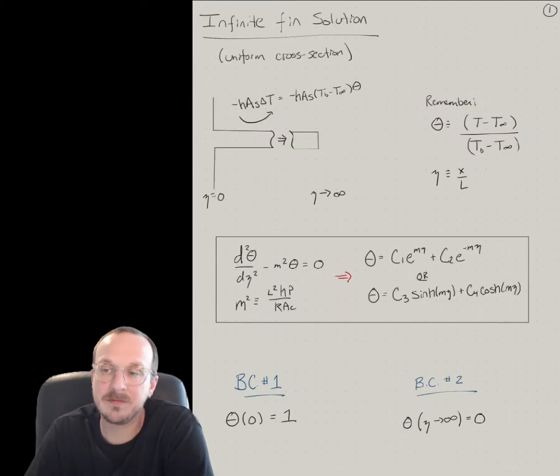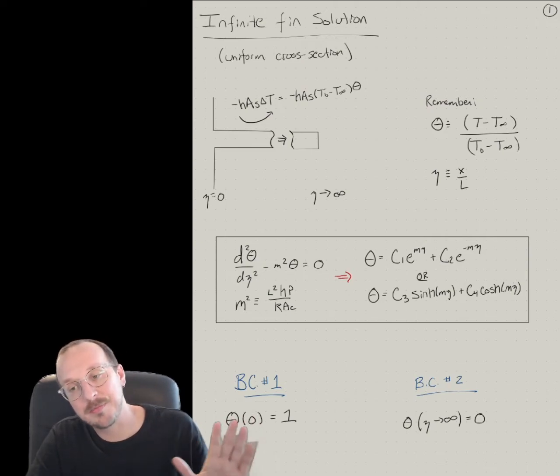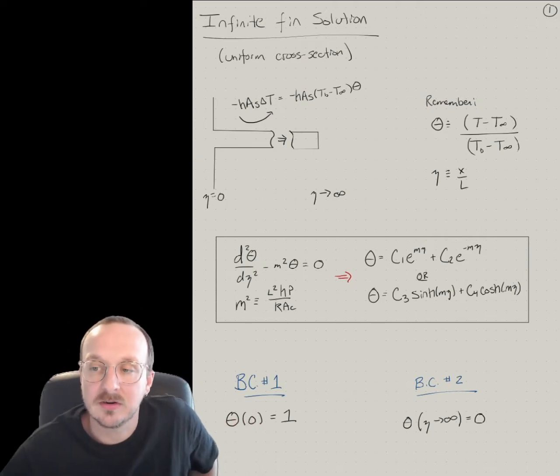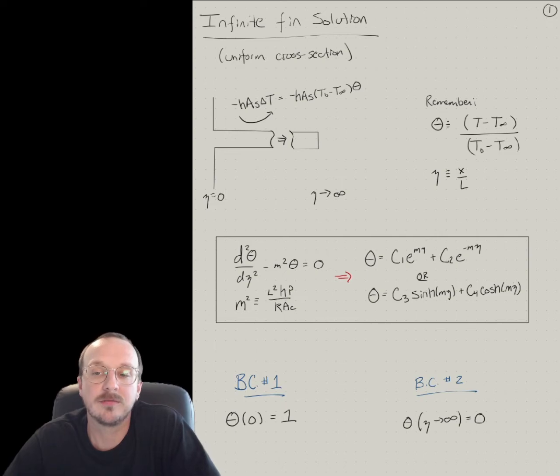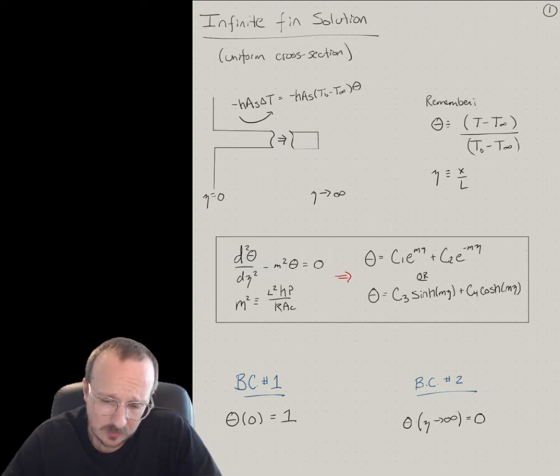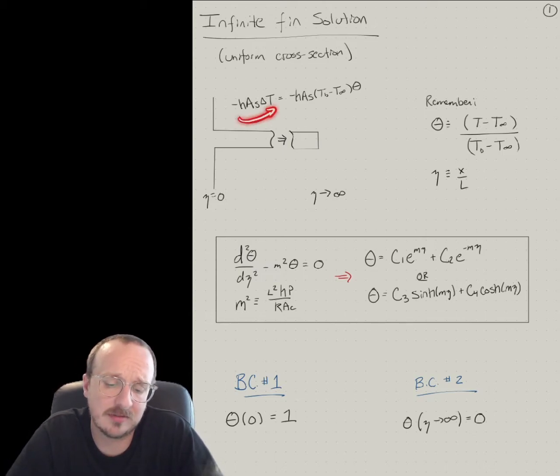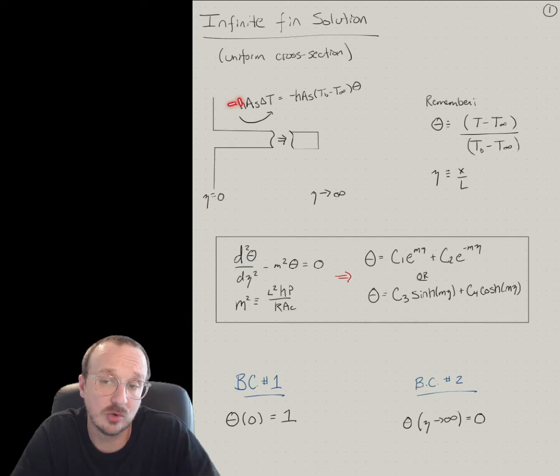The infinite fin is an interesting one. It's a mathematical anomaly because they're not realistic, but they can be solved. And we'll talk about when it's appropriate to use this. So here is convection down the length of the fin. You have minus Newton's law of cooling, h times surface area, delta T, or you can write it in terms of theta.